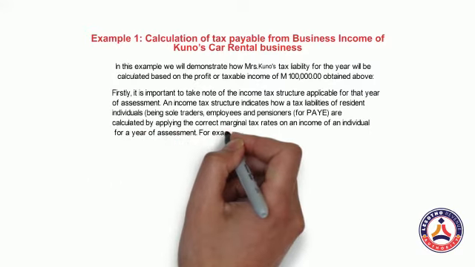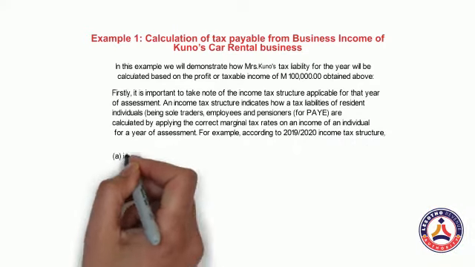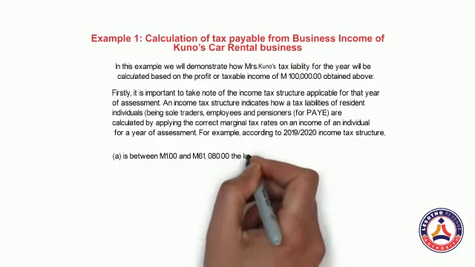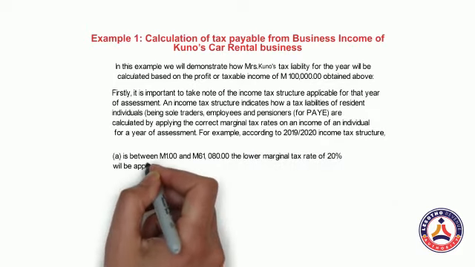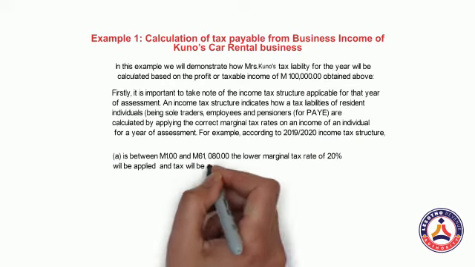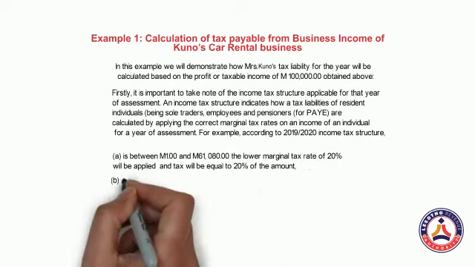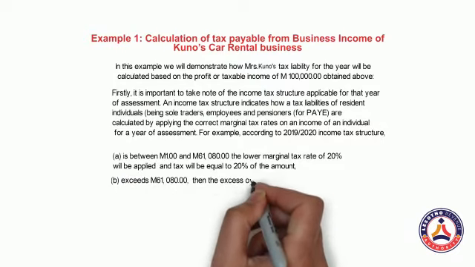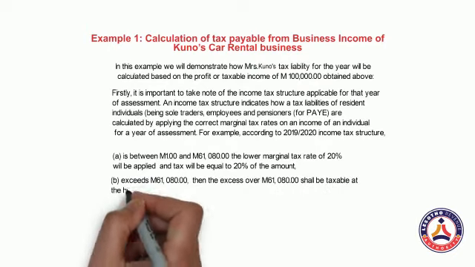For example, according to the 2019-2020 income tax structure, where chargeable income A is between 1 loti and 61,080 maloti, the lower marginal tax rate of 20% will be applied and tax will be equal to 20% of the amount. B, if it exceeds 61,080 maloti, then the excess over 61,080 maloti shall be taxable at a higher marginal rate of 30%.